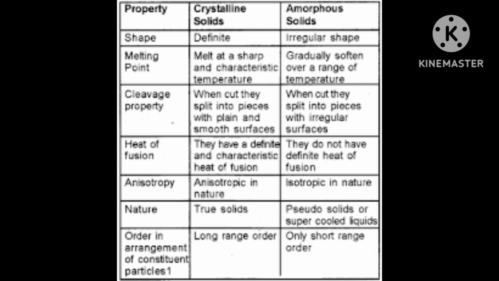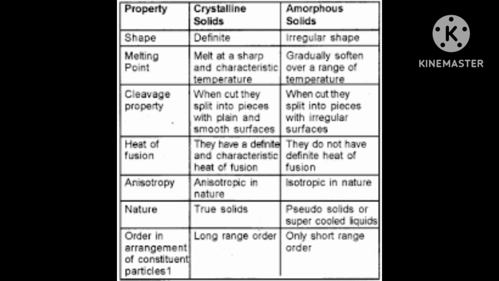In crystalline solids, atoms and molecules are arranged in a long range order, which means that there is a regular pattern of arrangement of particles which repeats itself periodically over the entire crystal.